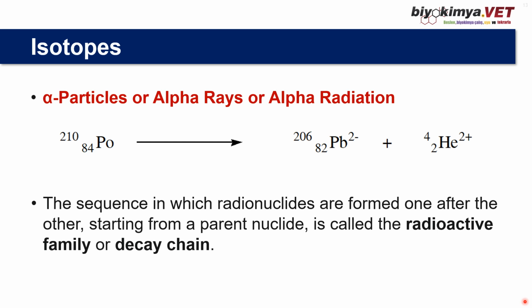These are the uranium-radium chain, uranium-actinium chain, and thorium series. You can try to find more information about these decay chains by searching the web or a library.